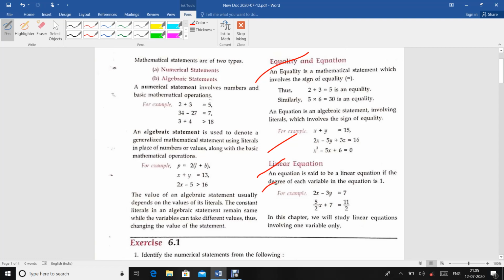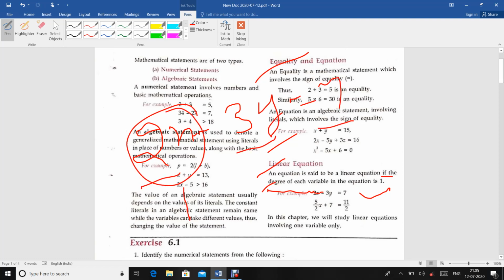So if the degree of each variable in the equation is 1, then we can say that it is a linear equation. See, if we have 2x minus 3y is equal to 7, in this equation the degree is 1 because the power of x is 1, and in the term 3y also the degree is 1.